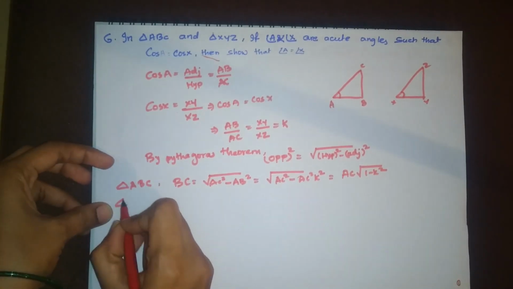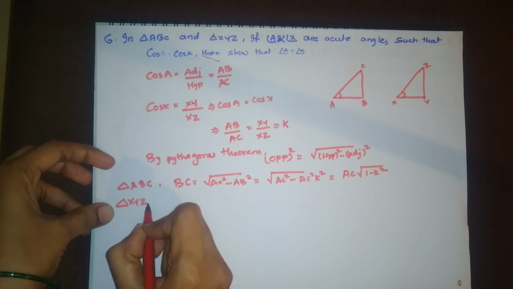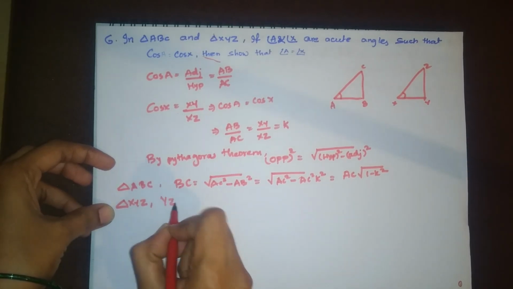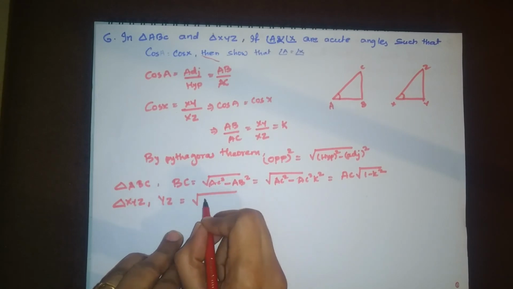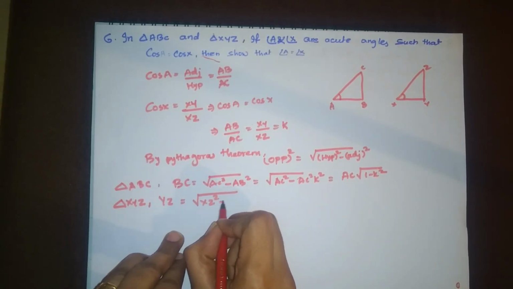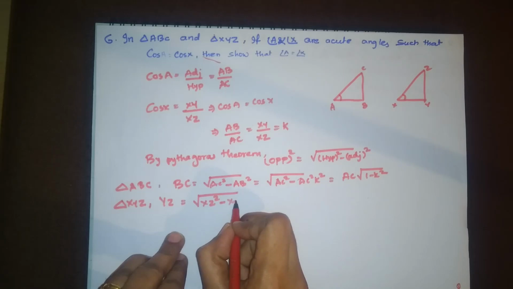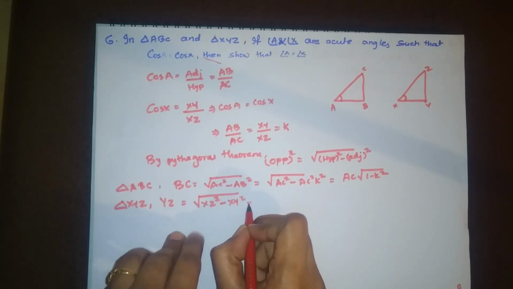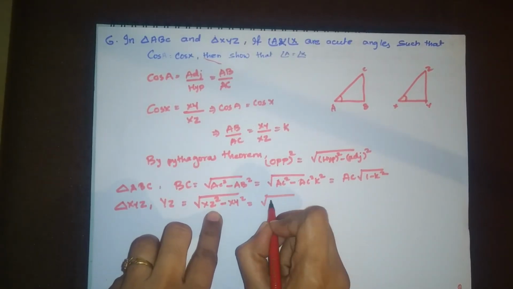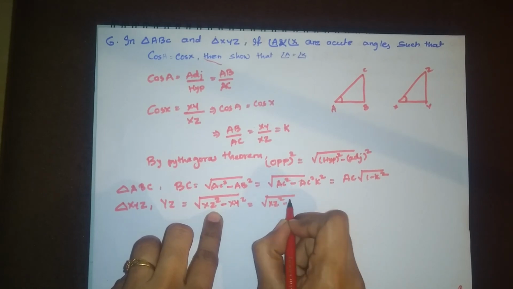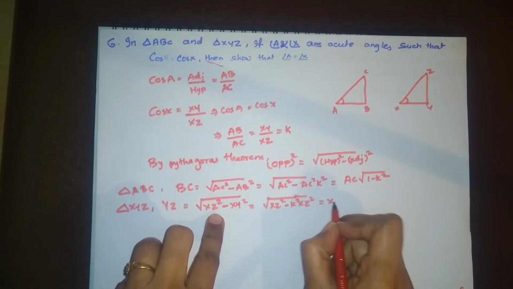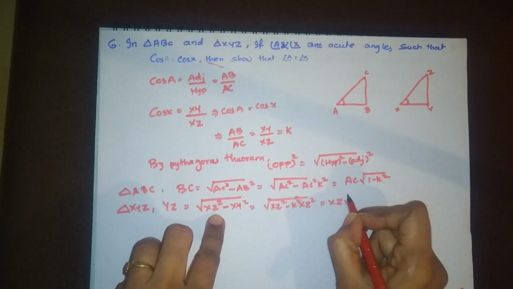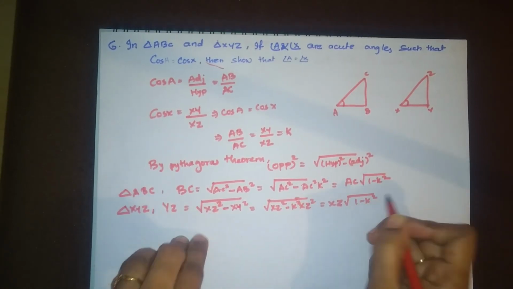Similarly for triangle XYZ, YZ is equal to the square root of XZ square minus XY square. Now let's replace XY: XZ square minus K square into XZ square, which is equal to XZ times the square root of 1 minus K square.